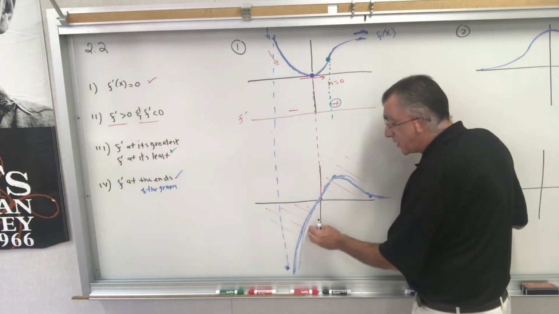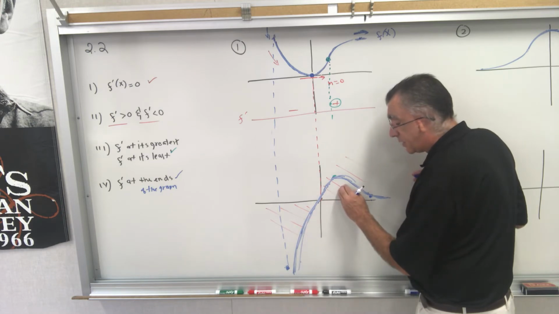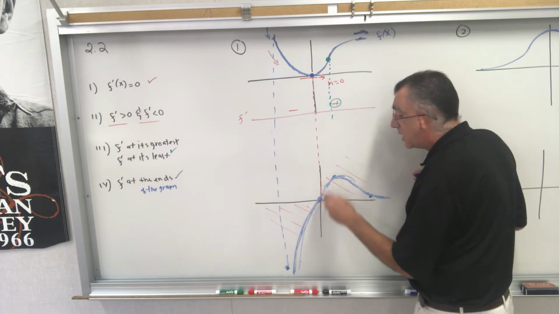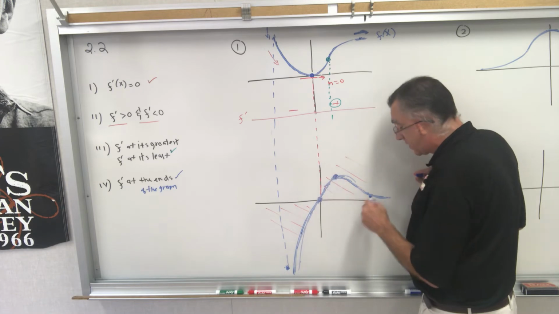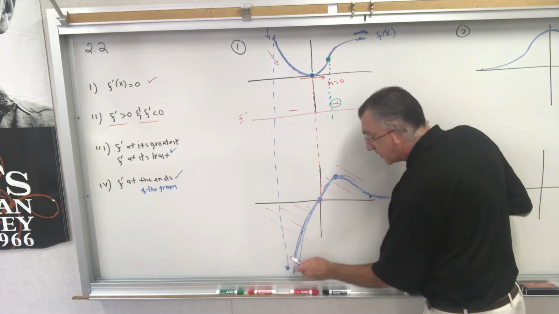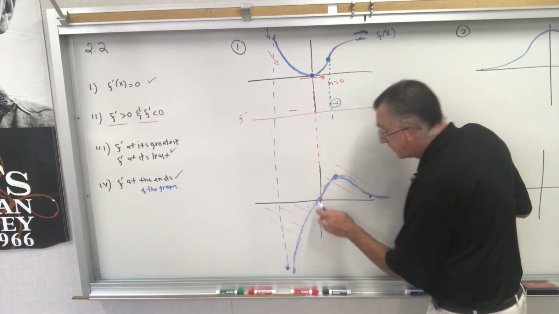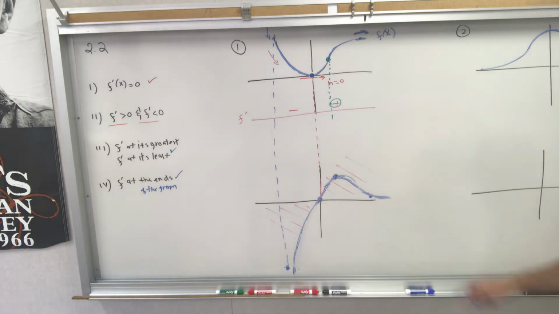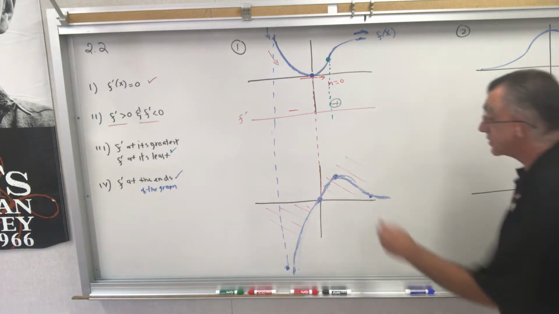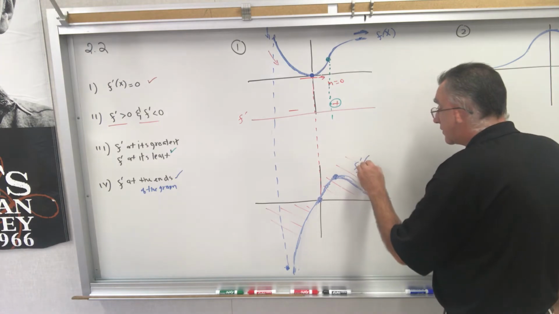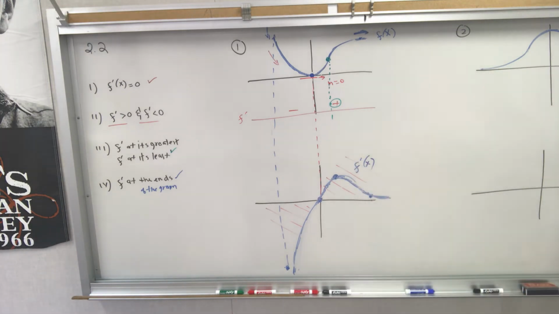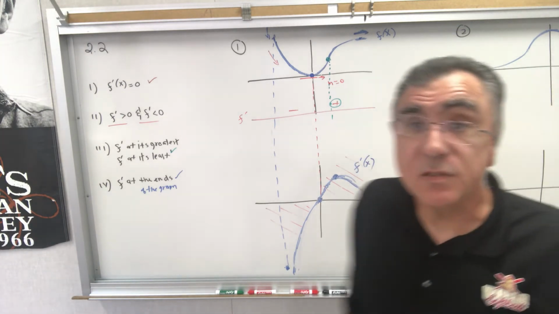It better be negative when it's supposed to be negative, positive when it's supposed to be positive, and 0 where it's supposed to be 0. And it better be at its maximum where it's supposed to be maximum, and the endpoint should be close to right. So that must be what the derivative of that function looks like. Okay, so let's do a second one here.